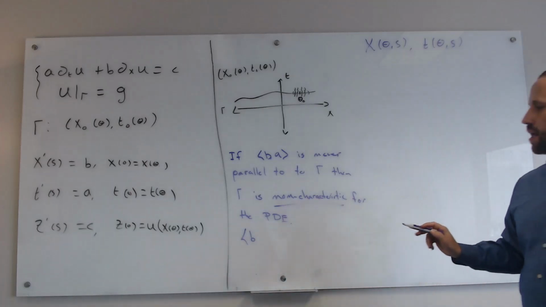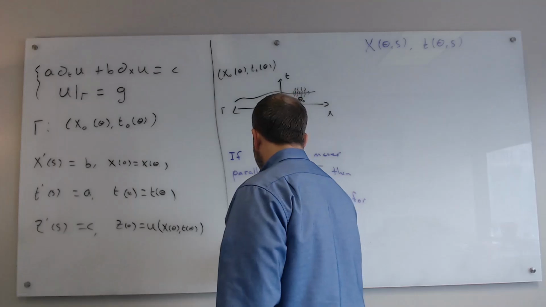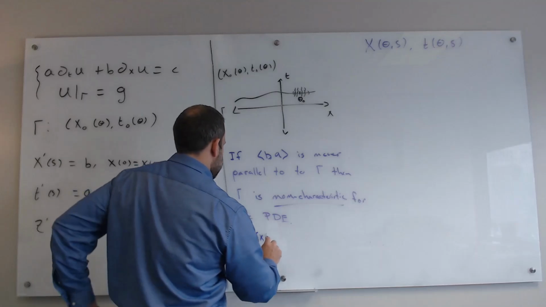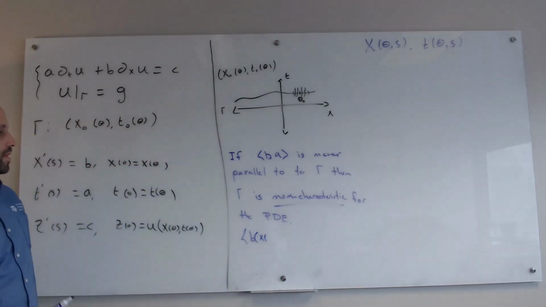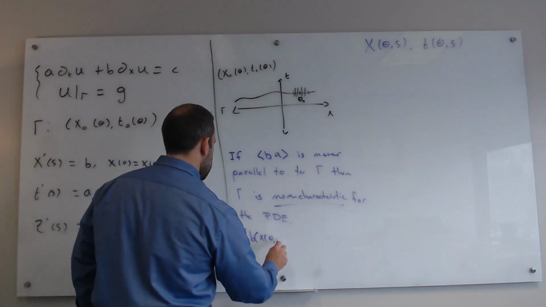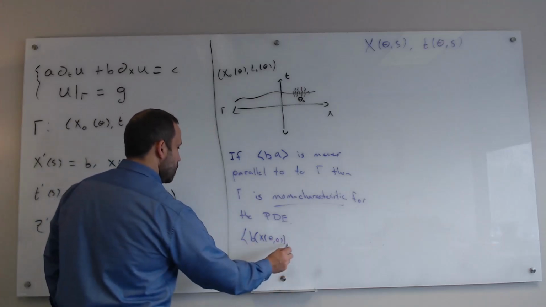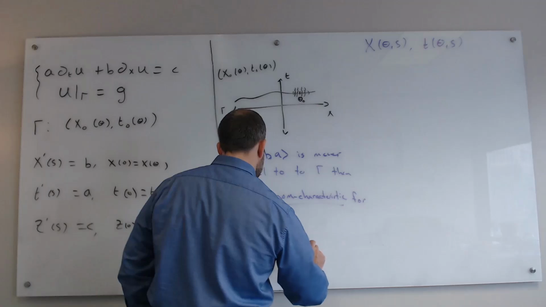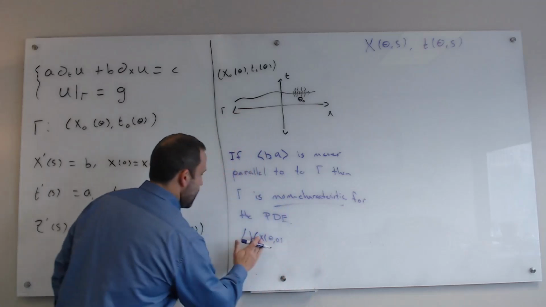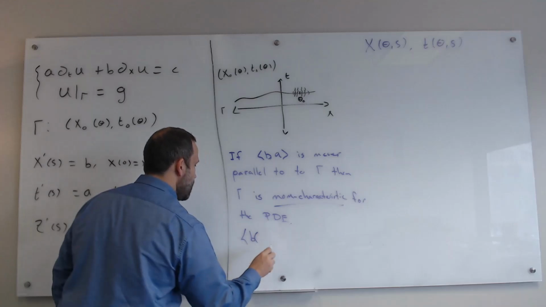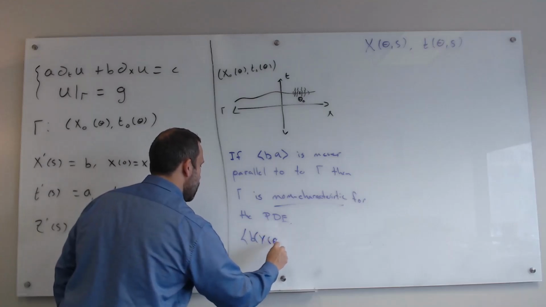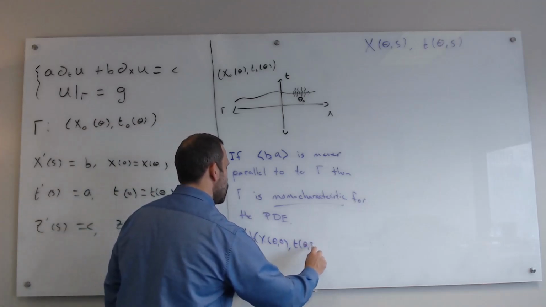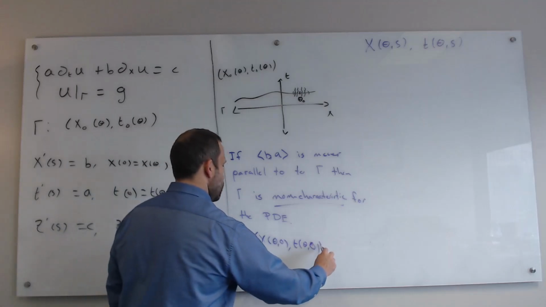So what's happening then is, b of x, if I plug in s equals 0, I get theta 0. Then the next component is going to be a of, there are too many compositions here, b of x of theta, s equals 0, t of theta, s equals 0, and then the same thing with a.